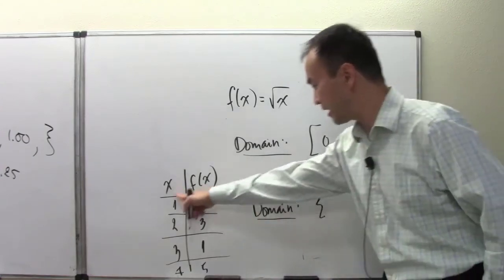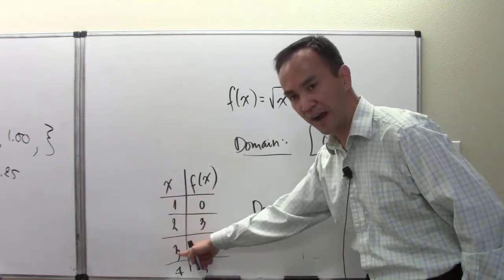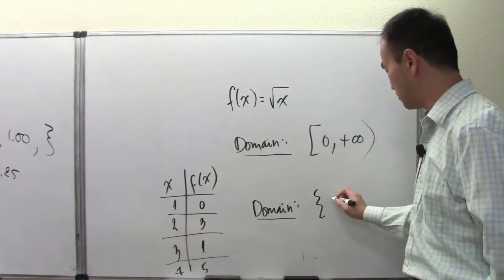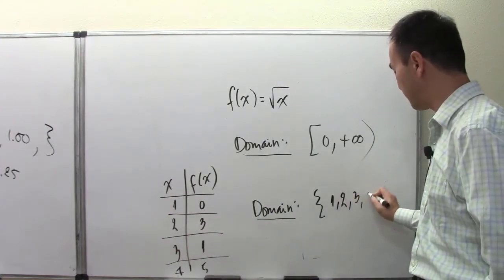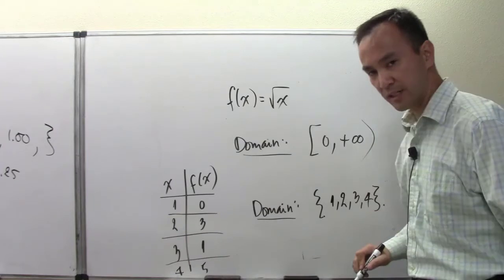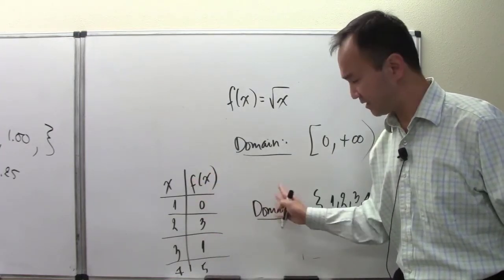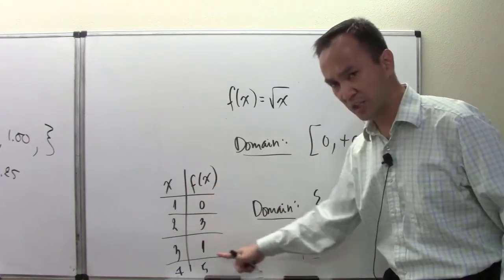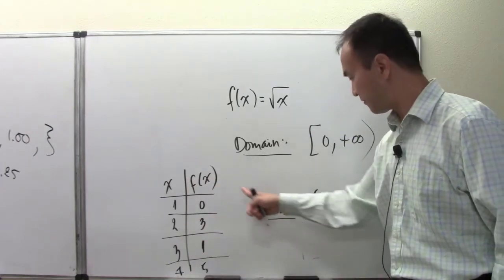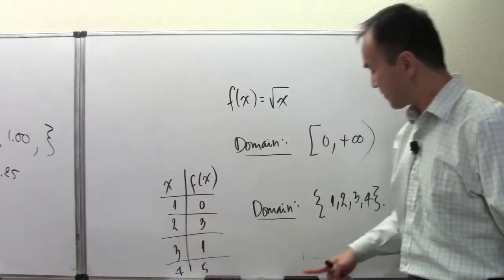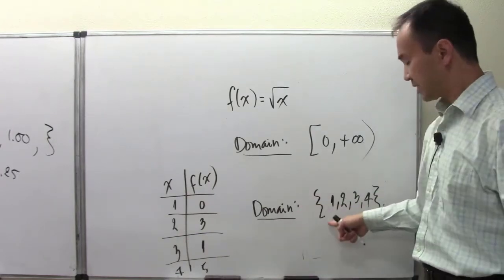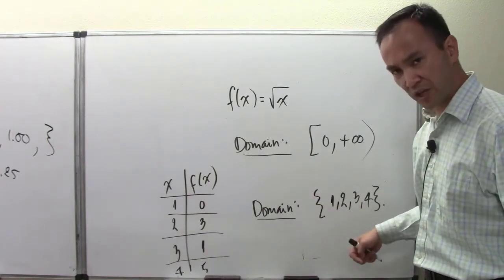The domain here is all the input values, so 1, 2, 3, 4, and we have to express it as a set. So that's how we handle it. We will get into some later examples as well, but that's how we find and express the domain in set notation.